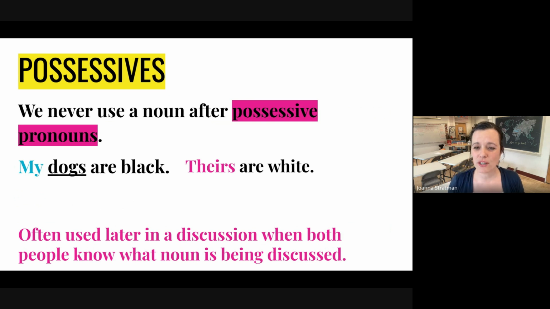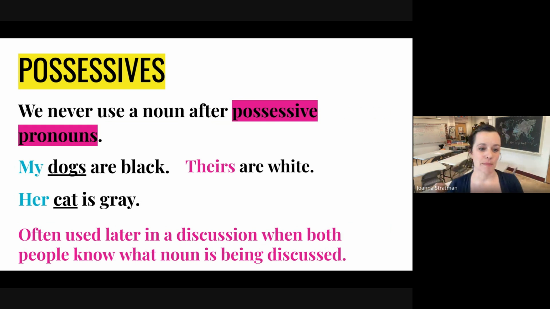Here we are using the word theirs. Theirs means their dogs, but I don't need to repeat their dogs because we both know we are talking about this animal. So my dogs are black, theirs are white, means they have dogs who are white.